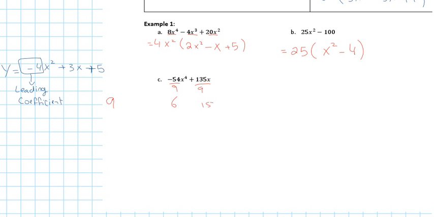Then you take that 3 and multiply it by what you factored out. So we know it's going to be negative 27x. Why negative? Because my leading coefficient is negative, and I want to factor it out. So it will be 2x cubed, negative 5.